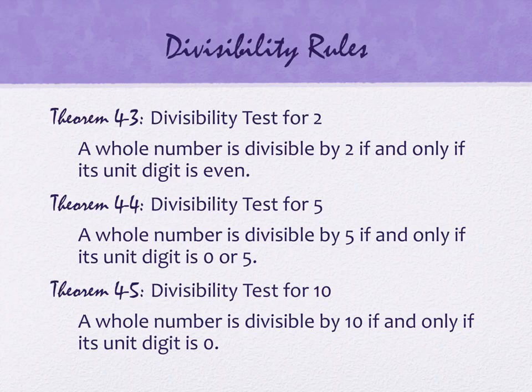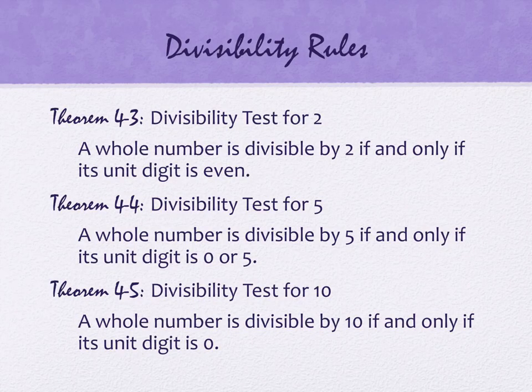Okay, the next part I think is the most interesting part for this section, the divisibility rules. Some of these you know, and some of them you do not know. Okay, so this is divisibility test for 2. The divisibility test for 2 says the following. A number is divisible by 2 if and only if the unit's digit is even. Now, I understand that the unit digit being even means the number itself is even.